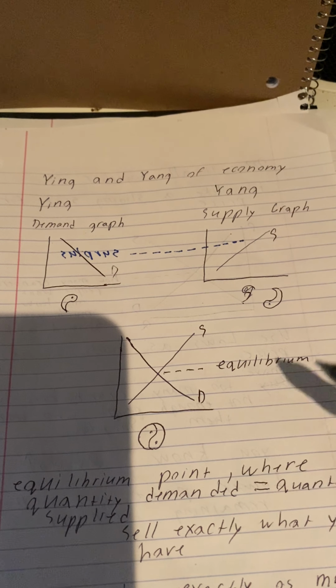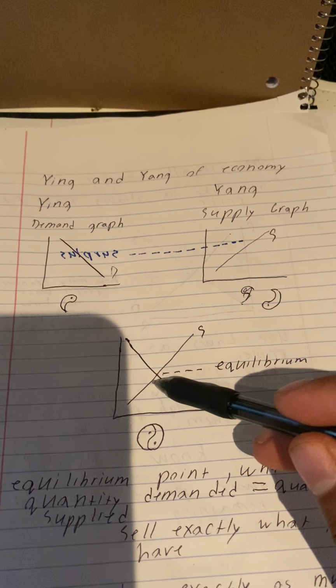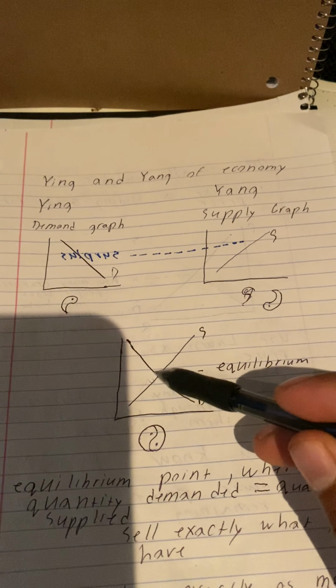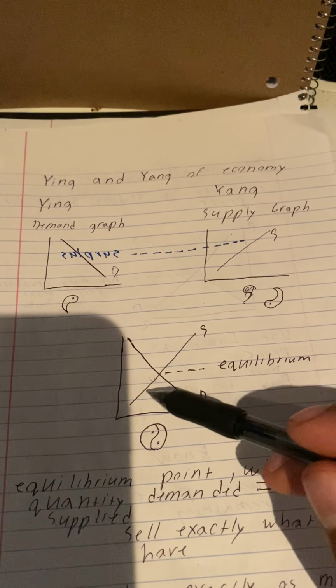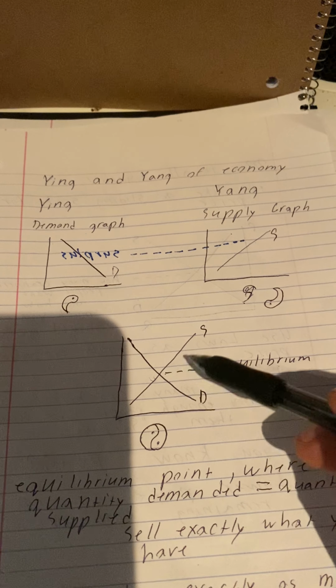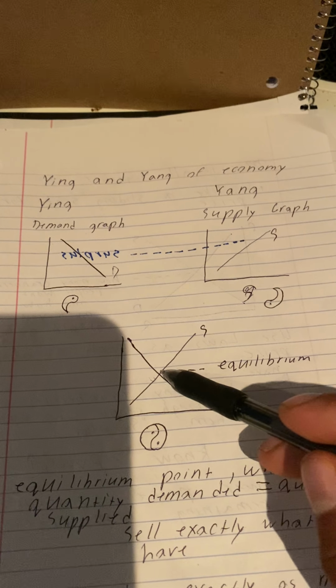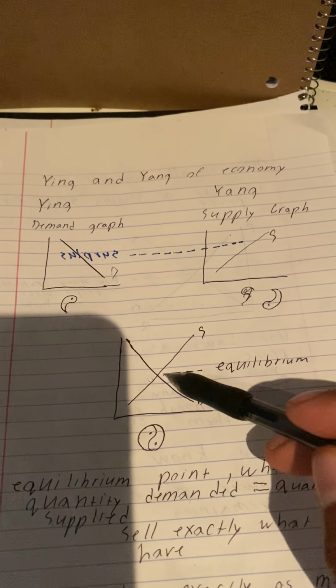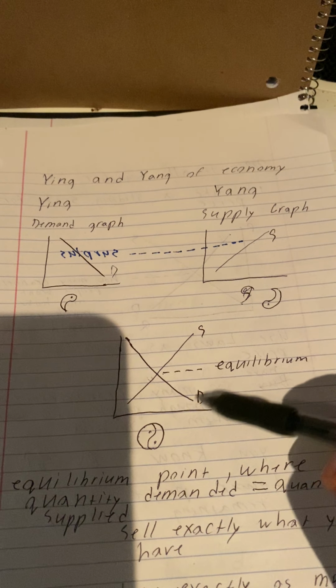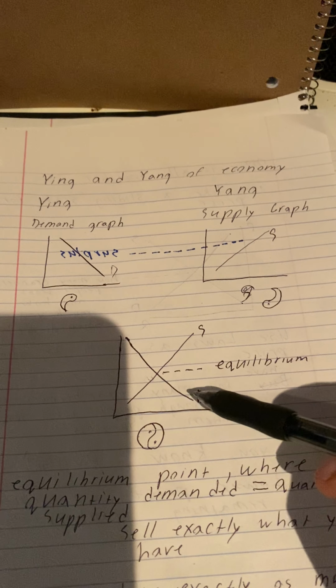And right here, this little center where the two lines intersect, that's what your book means when they say where they meet. That is the point where price, supply, and demand all equal each other.